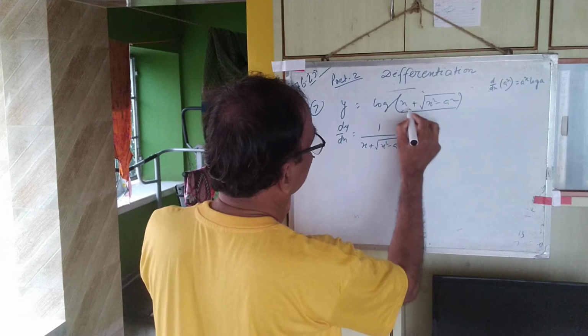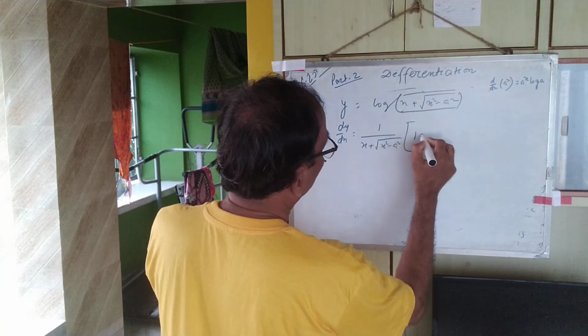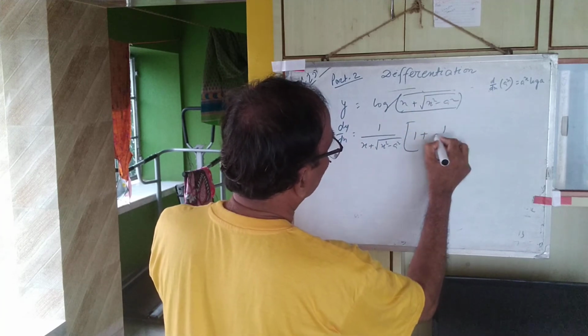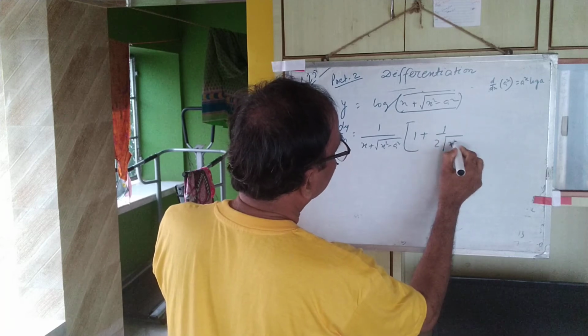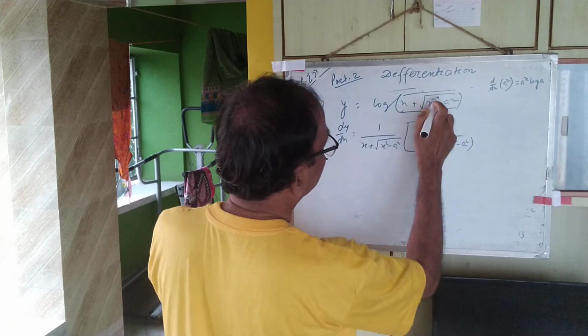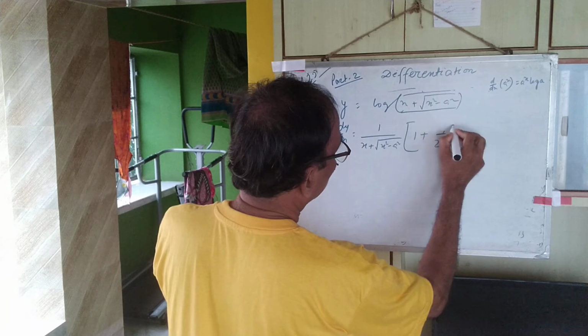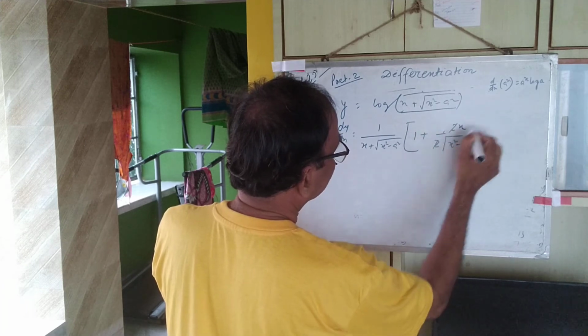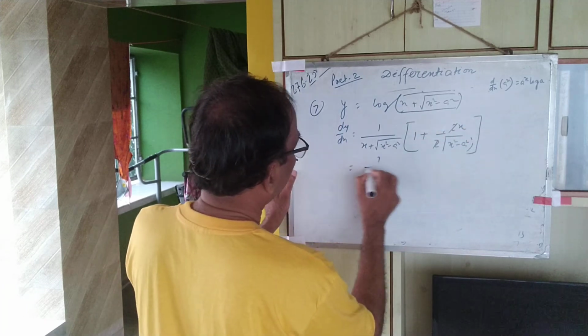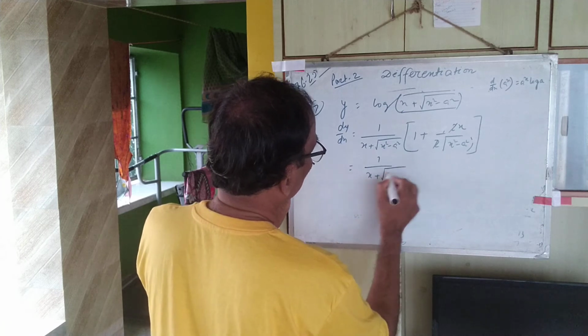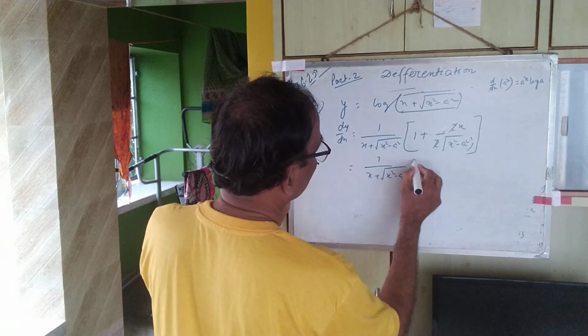Then derivative of this: x derivative 1 plus root over of this derivative 1 by 2 root over of (x square minus a square), then x square derivative 2x. 2 cancel.